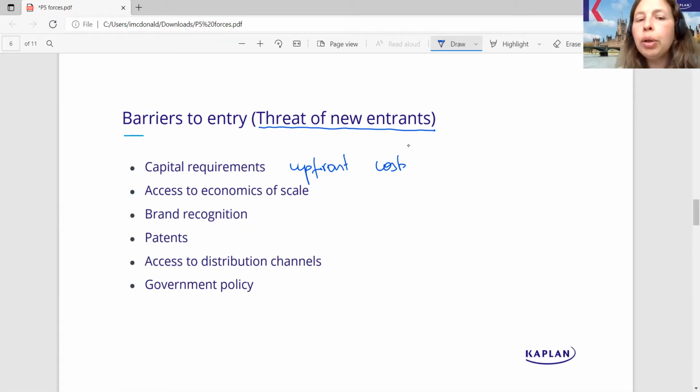We need to think about the ability to achieve economies of scale, and that refers to my ability to reduce costs with volume.